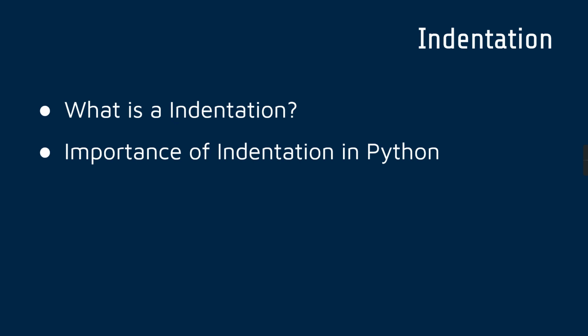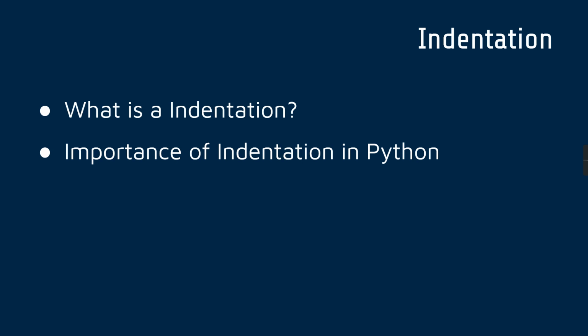So you have to be very careful when you're using white spaces in Python, because when we use indentation, we are basically telling Python that this particular set is a set of code, a different set of codes that we're writing. So in Python, indentation has a start and an end.